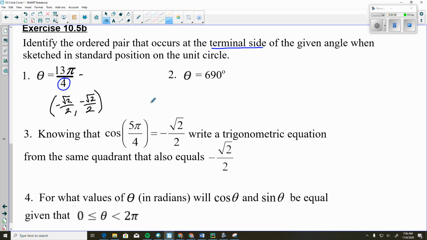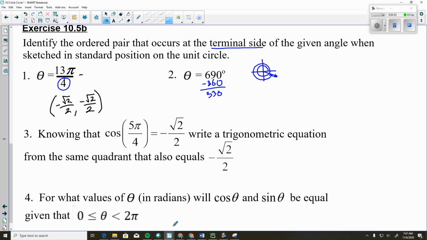We can also do this in degrees. So 690 degrees is more than 360. If I subtract 360 from that, 690 minus 360, I get 330. So this means I went a full rotation around, and then 330 more degrees. So probably somewhere right around there is my terminal side.